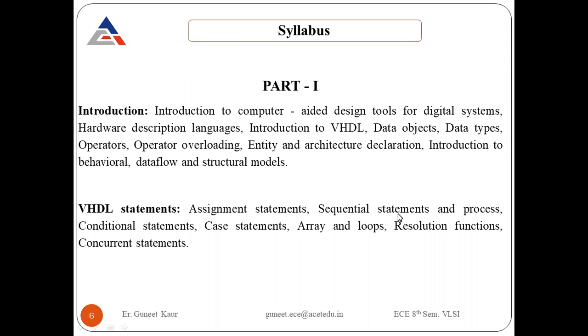Along with, you can also have the mixed model. Mixed model, that is, you can apply 3 techniques in one system also. So, various type of modeling used in this subject will be learned.